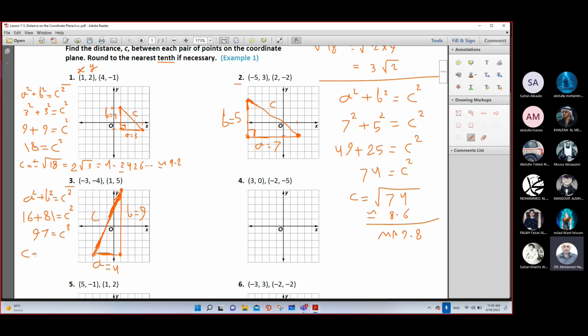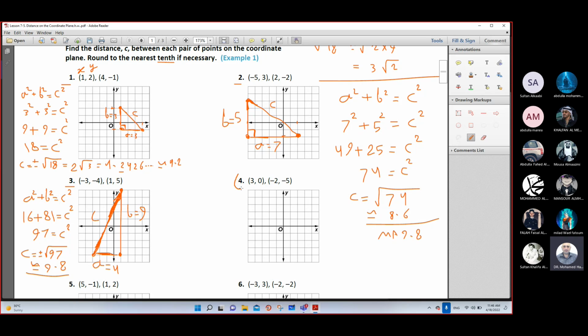So C equal the square root of 97. We can use the calculator here. Square root of 97. The answer will be, if you use the estimation, 9.8.